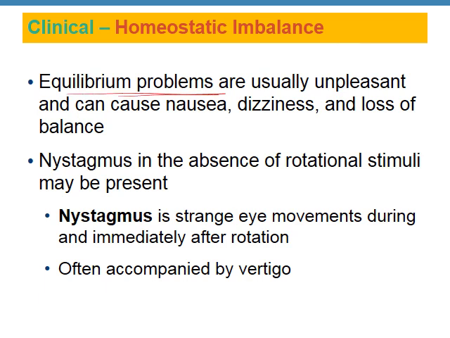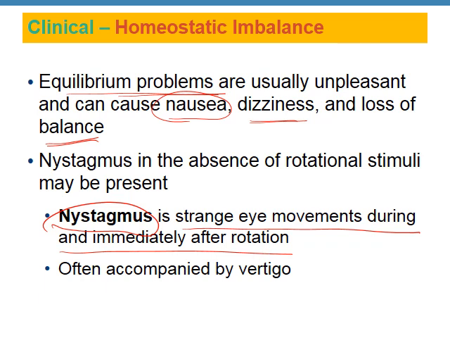Sometimes we can have equilibrium problems like I just mentioned: nausea, dizziness, loss of balance. Nystagmus, this is strange eye movements during and immediately after a rotation. This is often accompanied by vertigo. It means your eyes kind of shift. Your eyeballs kind of move back and forth a little bit. So strange, not supposed to happen.